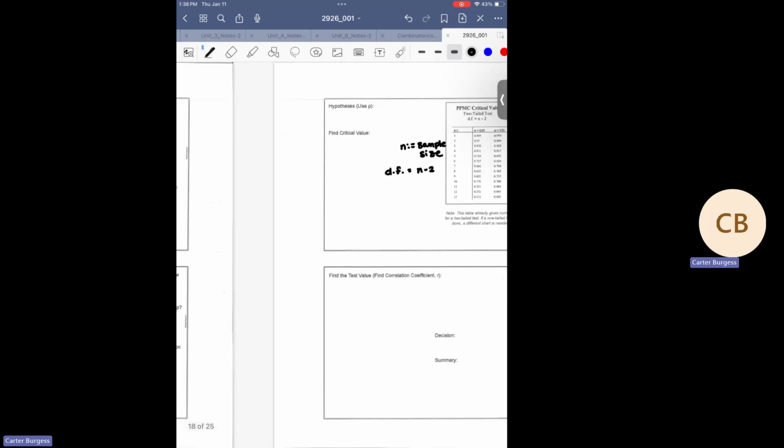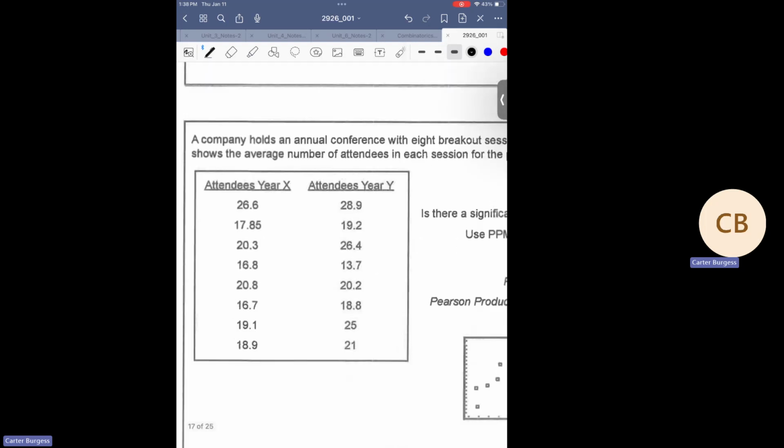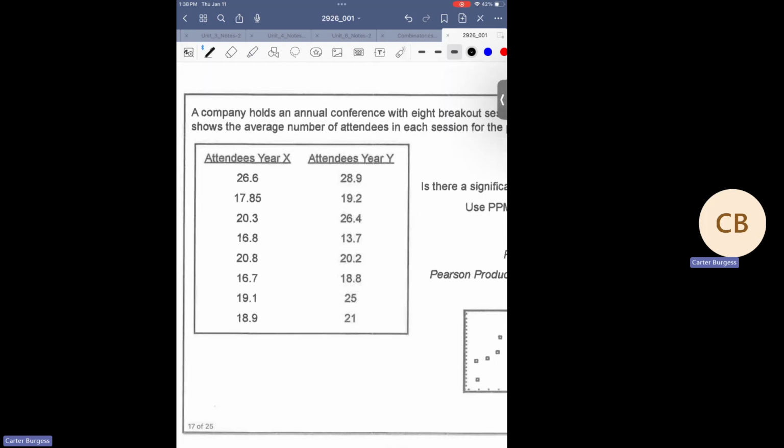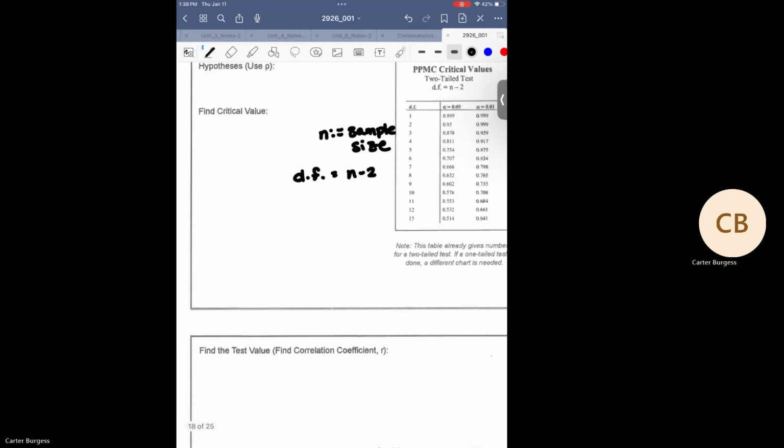Looking at our sample here, what's our sample size, and then what's the degrees of freedom that would go with this sample size? How many data points do we have, and then how many degrees of freedom does that correspond to? 8 data points, which means we have, what do we have to do to the n?